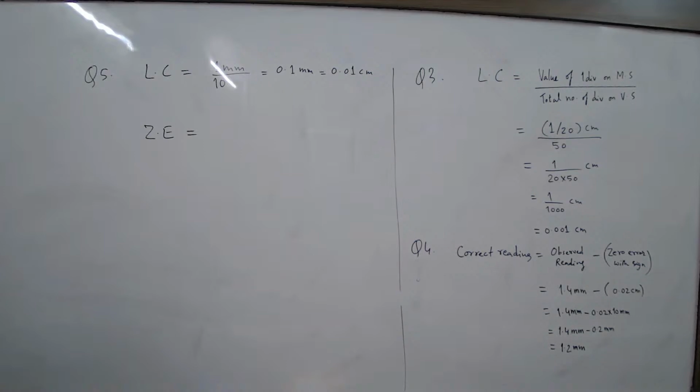Whenever the zero of vernier is ahead, it is positive. It's not before, it's ahead. See your notes, what I have given. When is the zero error positive for vernier scale? It was in the last lecture.